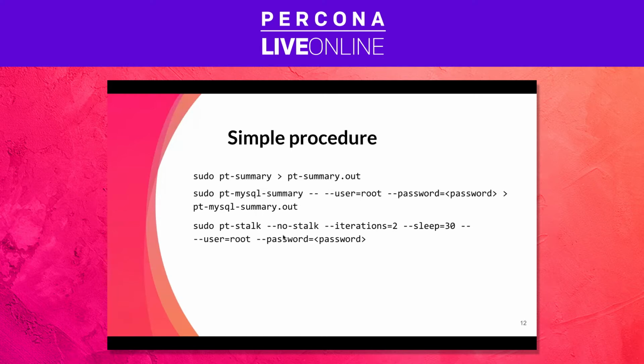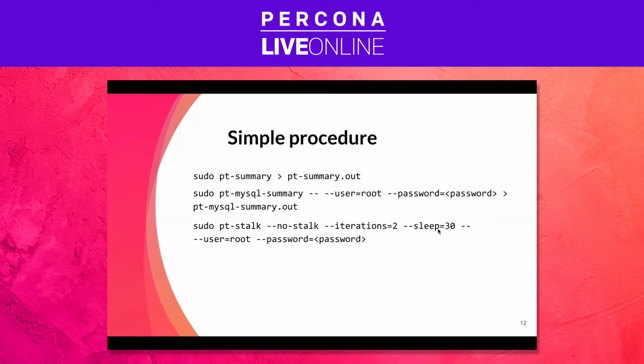A few notes about pt-stalk here. We are using 2 iterations that are separated apart by 30 seconds, right? And there is no stalk here. It means the tool will run for these 2 iterations and will exit after that.